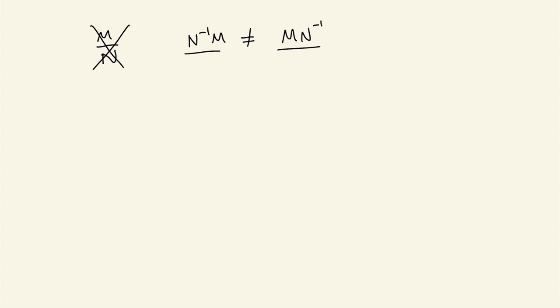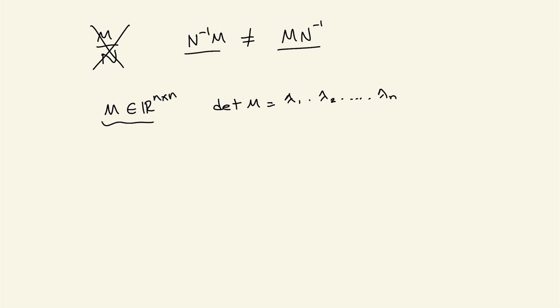All right, now I would like to talk about the determinant. For this, let's say M is an n by n matrix. The determinant of M is nothing but the product of the eigenvalues of this matrix M, lambda 1 multiplied by lambda 2 multiplied by all the way to lambda n.